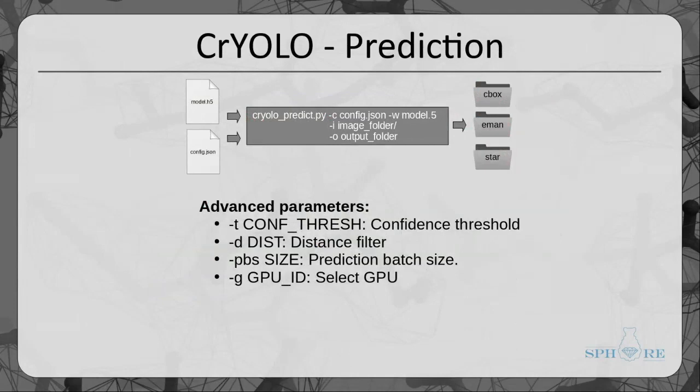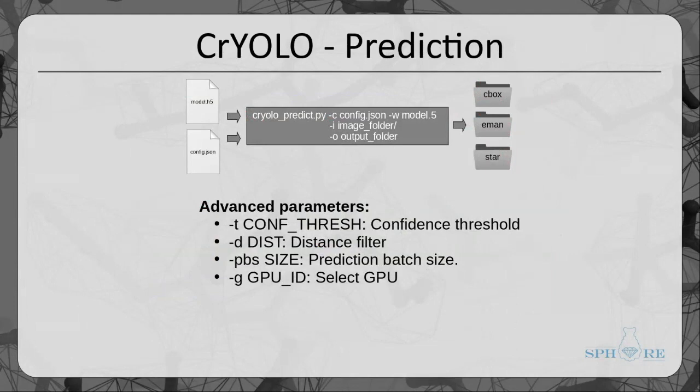A couple of words on the advanced parameters of the prediction command. There is this -t option where you can specify another confidence threshold that, because you can generate it again using the CBox files. The next option is the distance filter.